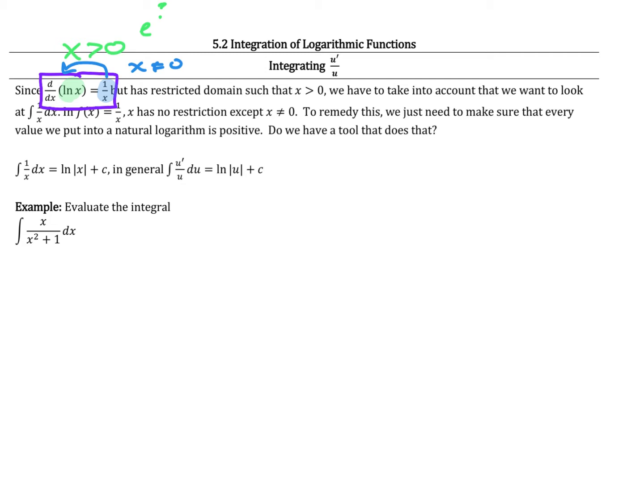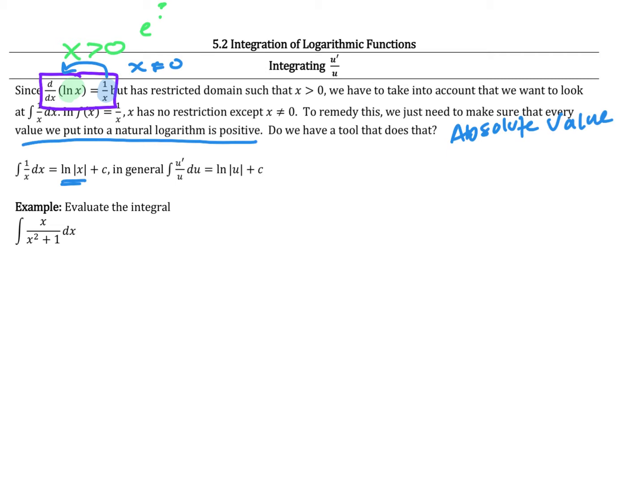To remedy this, we need to make sure that any number that we put into a logarithm is positive. So what mathematical tool allows us to make things positive? Absolute value. So the way that we remedy this issue of inconsistent domains between these two functions is that we include absolute value when we take the integral of 1 over x dx.